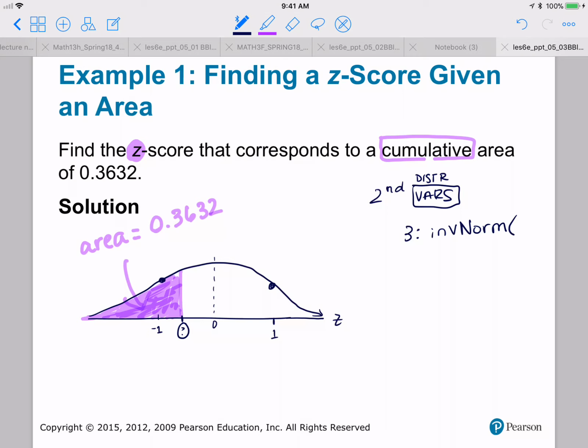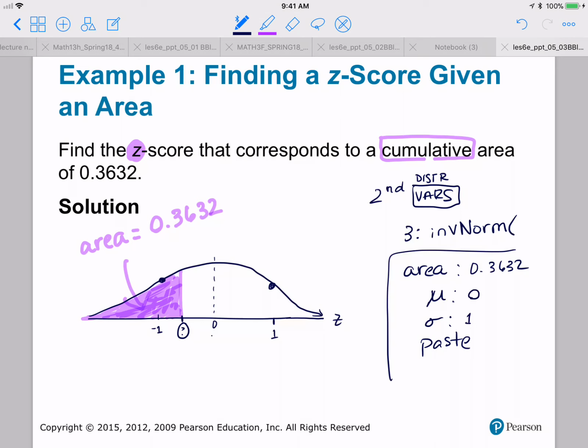Click number 3. You'll get a menu. The menu says area, mu, sigma, paste. This area refers to the cumulative area. So we're going to plug in 0.3632. For the mean, what is the mean? The mean is 0.